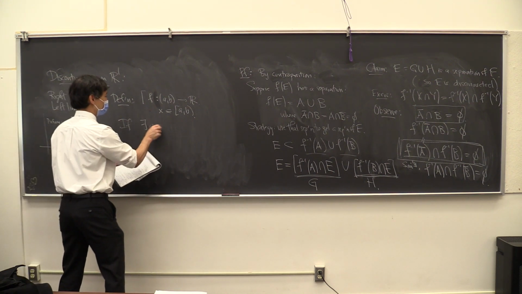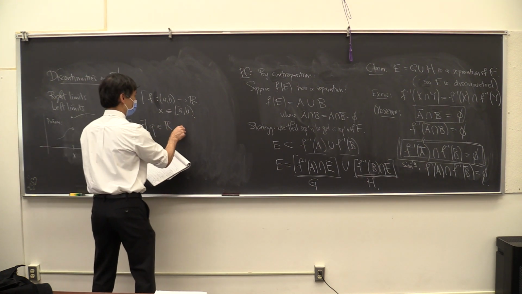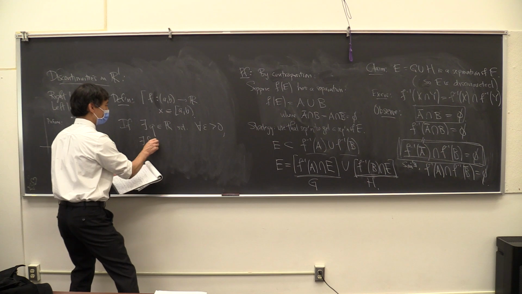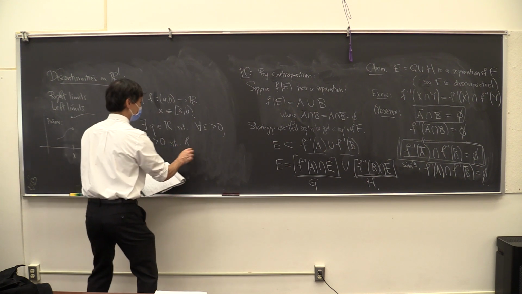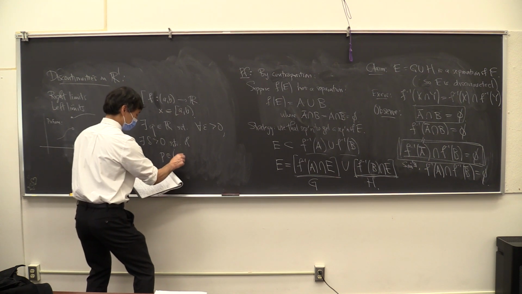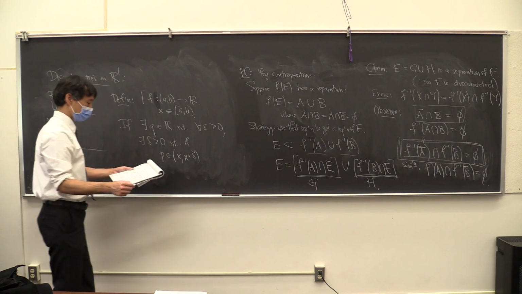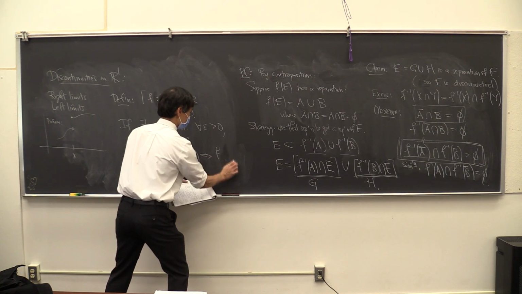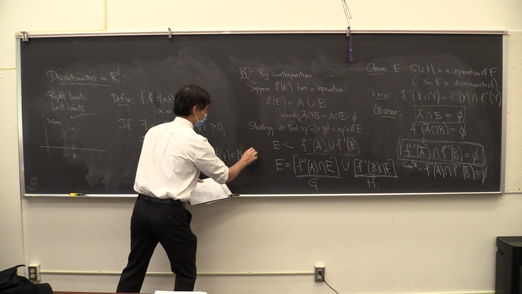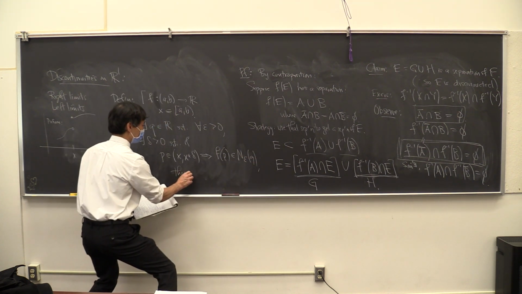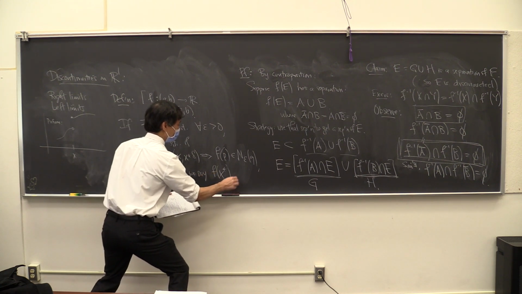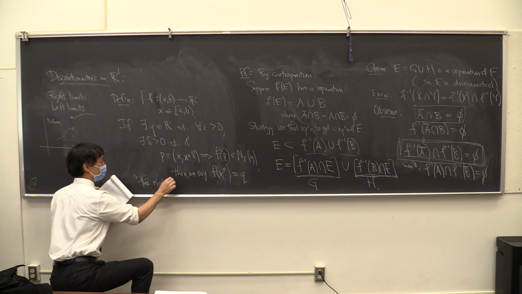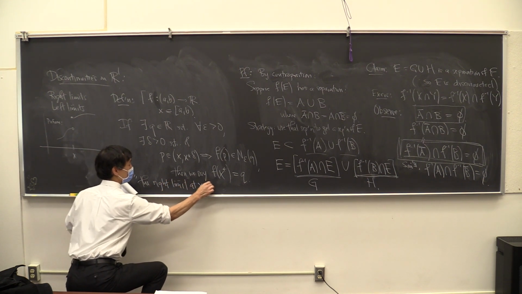If there exists a Q in R with the property that for all epsilon greater than 0, there exists a delta greater than 0, such that if P lies in (x, x plus delta), then f of P lies in the epsilon neighborhood of Q, then we say the right-handed limit is Q. So the right limit at x is Q.